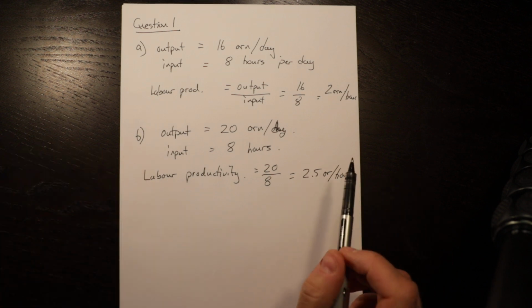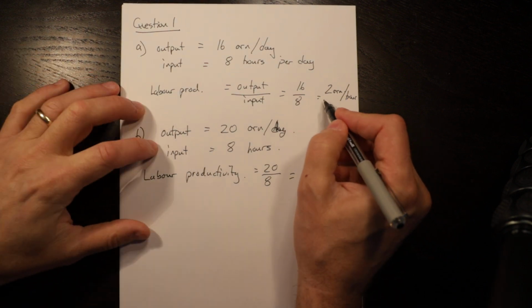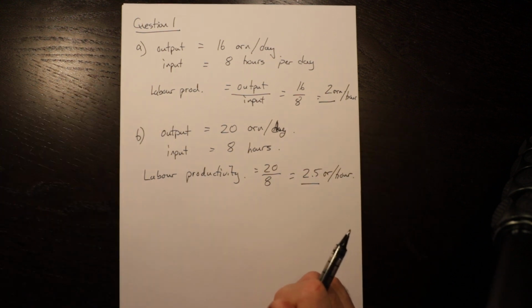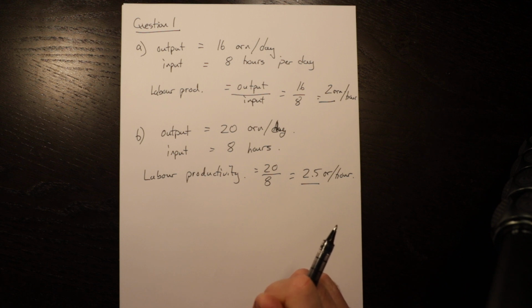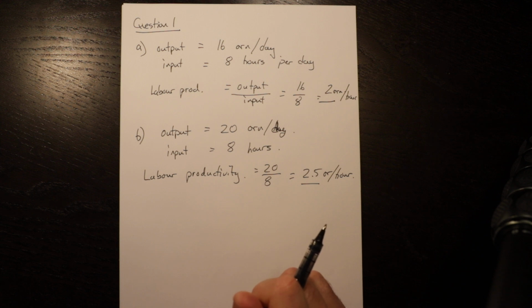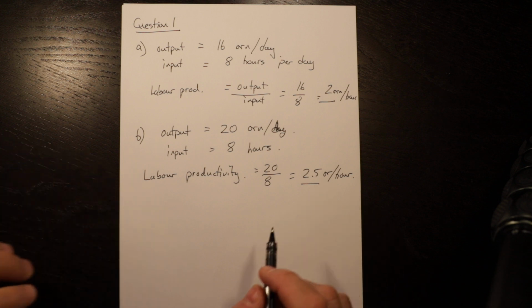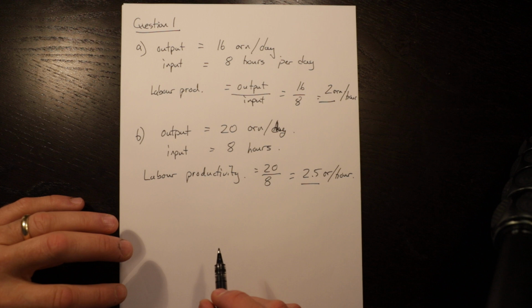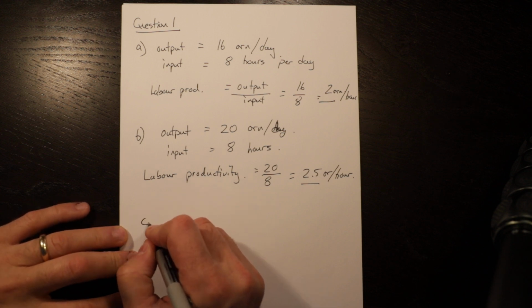One of the things that I would highlight here is that this was 2 and this is now 2.5. That means output relative to inputs is increasing. So a higher productivity number is always better than a lower productivity number. And that's one mistake that students always make in interpreting these. Sometimes we want a lower number, sometimes we want a higher number, but in productivity, the higher number is good because it is more units of output per unit of input.